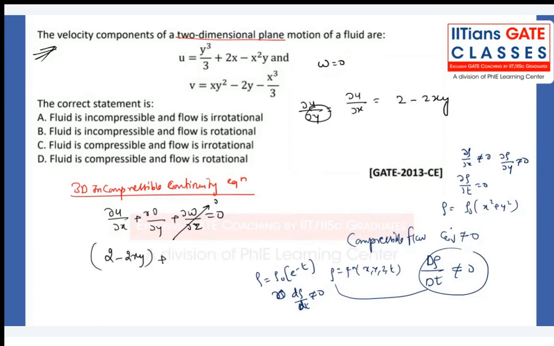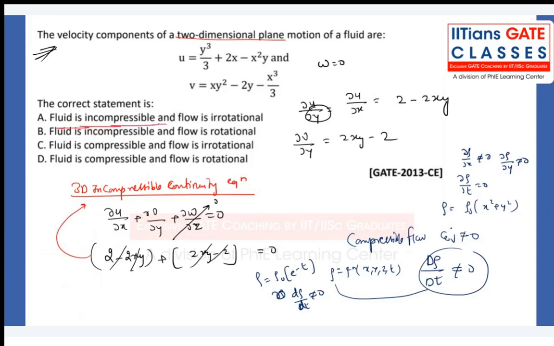Dou v by dou y will be 2xy minus 2. This will cancel out and I get zero. If it satisfies this equation, it is incompressible flow. That is a correct statement.